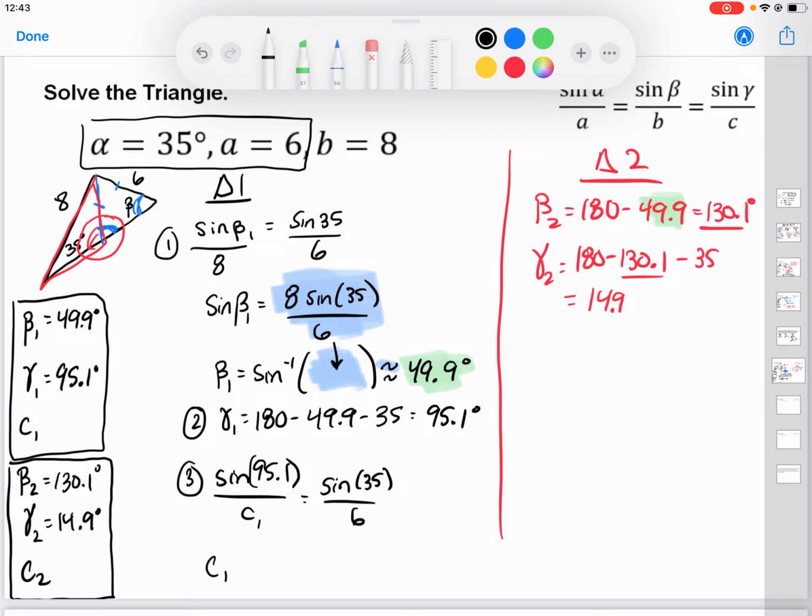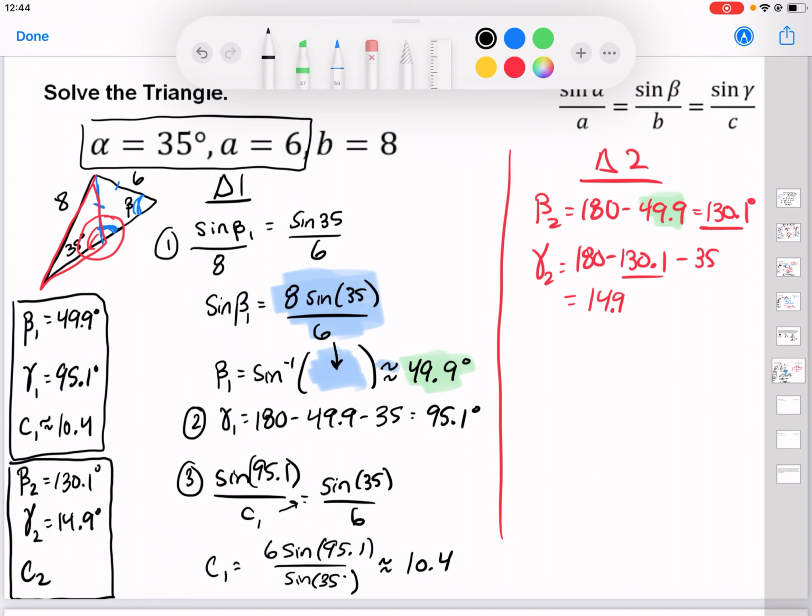And then we can use our little quick trick. Since c is across from sine of 35, you'll be dividing by sine of 35. And we'll type that in. So we've got 6 sine of 95.1 over sine of 35. And you get about 10.4.